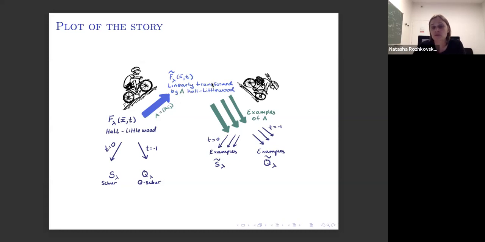And then we could think, okay, since it is a simple transformation, there is no use in that. However, this is not the case, because it turns out that after we prove general statements about these linearly transformed Hall-Littlewood polynomials, we can take different examples of matrices, insert them into this construction, and then just for free get different examples and their properties.